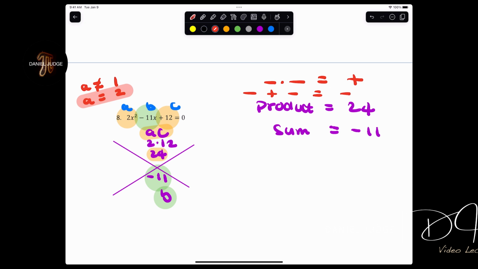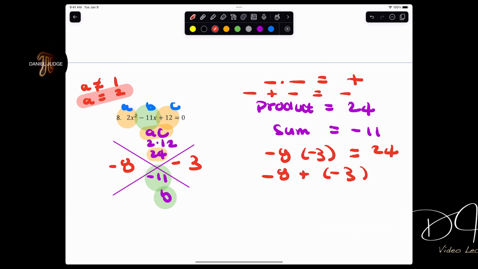So that's good to know. We just have to find both of those numbers. And so I think negative 8 times negative 3. Let's double check. Negative 8 times negative 3 is positive 24. And negative 8 plus negative 3 is negative 11. So sure enough, we are good to go.